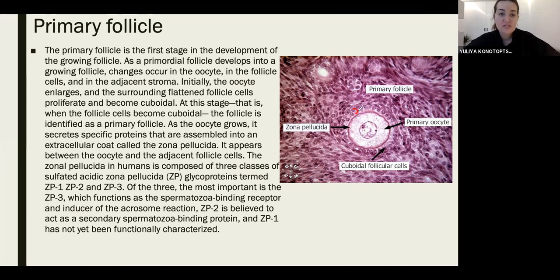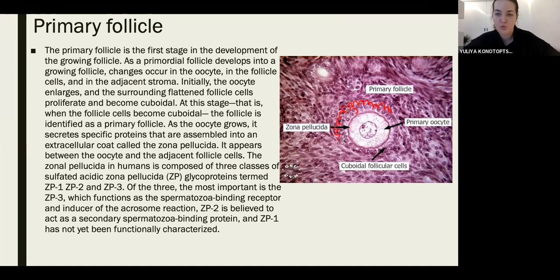At this stage, you're going to see the first stage of the primary follicle, and here the epithelium is still simple cuboidal. And then the more time passes, the more cuboidal cells will start to appear, and your primary follicle enters the second stage of its development, which is a multi-layered stage.